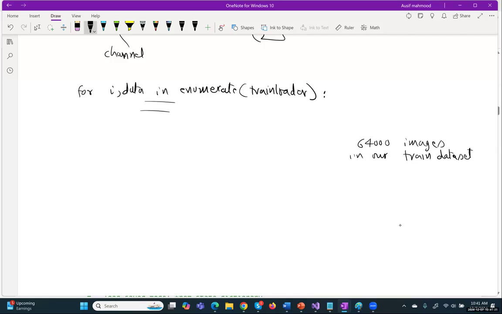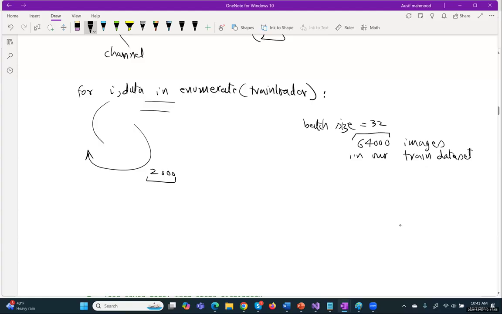Okay, and let's pretend our batch size is 32. Okay, so my question is, if on the final exam I ask, how many times this loop will go through? See, I is the number of times it will go through. Okay, so remember, every time we are obtaining 32, right? So as you can see, this loop will go through 2,000 times before it runs out of all the images.